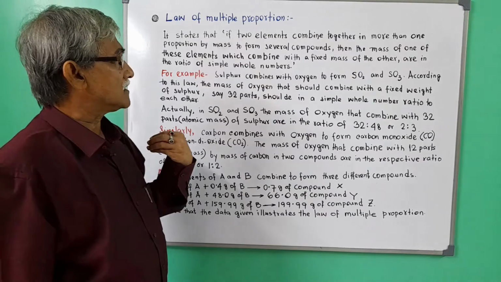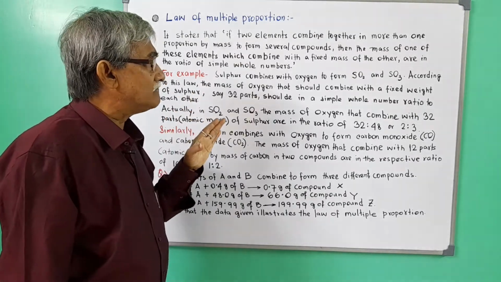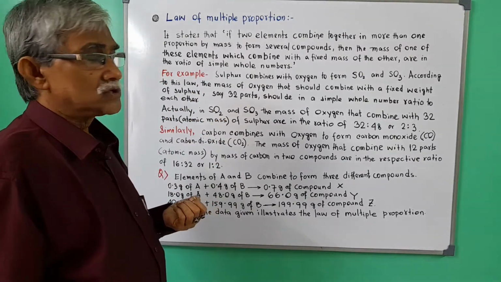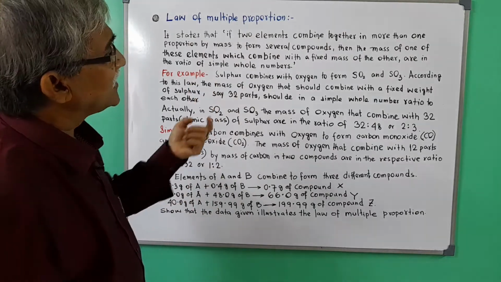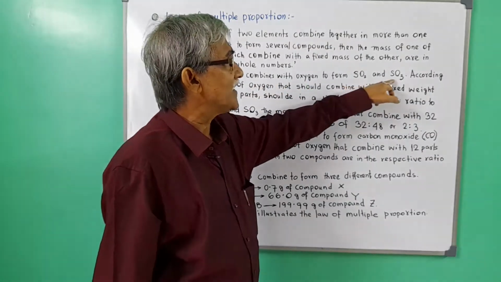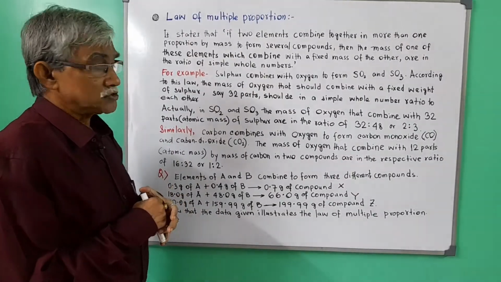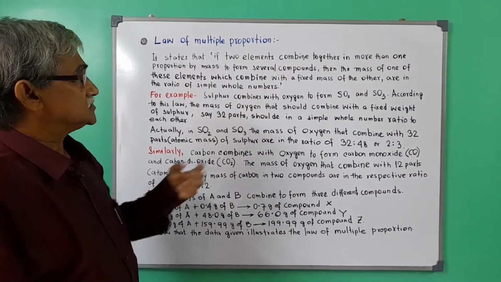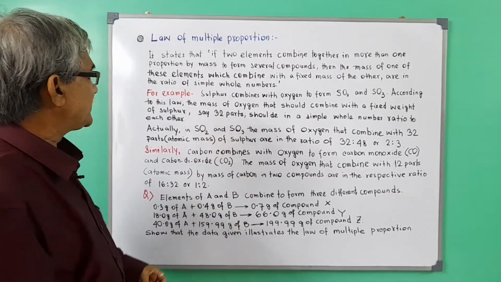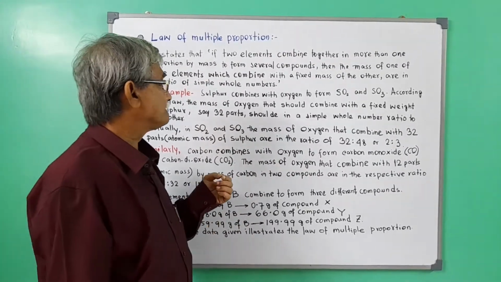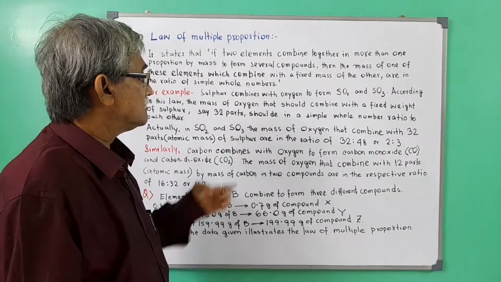For example, sulfur combines with oxygen to form two oxides, namely sulfur dioxide and sulfur trioxide. Now according to this law, the mass of oxygen that should combine with a fixed weight of sulfur, say 32 parts, why 32 parts?